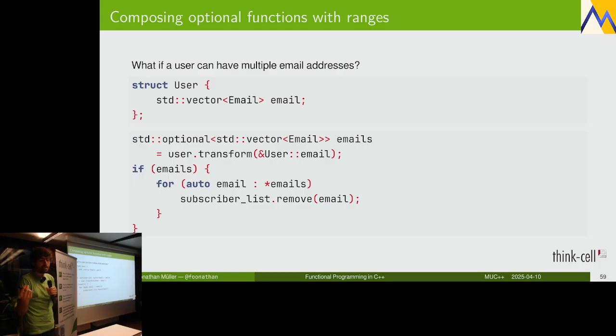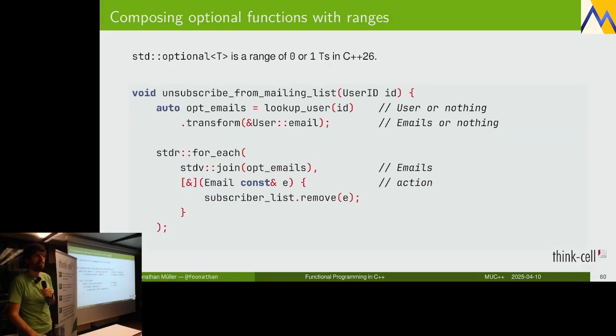And one nice way to accomplish that is, again, lots of C++26 features in there. Sorry about that. But in C++26, optional t will become a range of 0 or 1. And this means that we can use range algorithms with optional. Because logically, an optional is a range, right? It contains 0 elements or 1 element, and then we can start iterating over it. And so we can call join view.